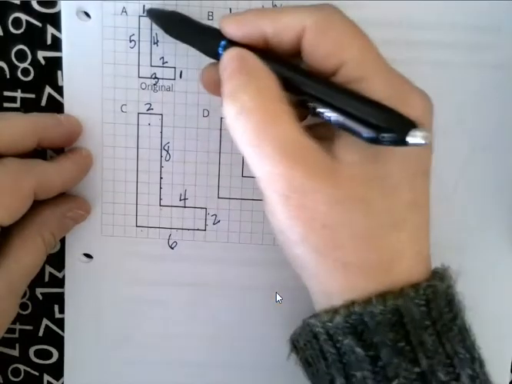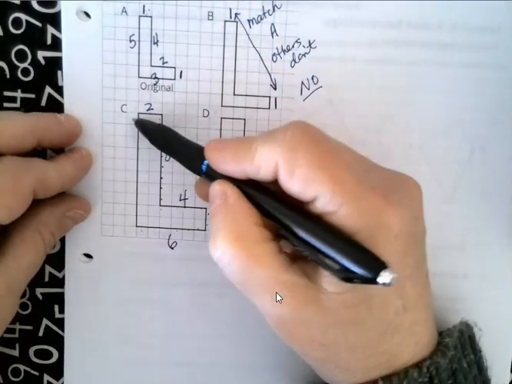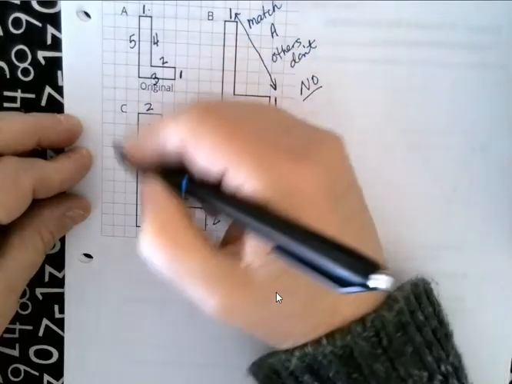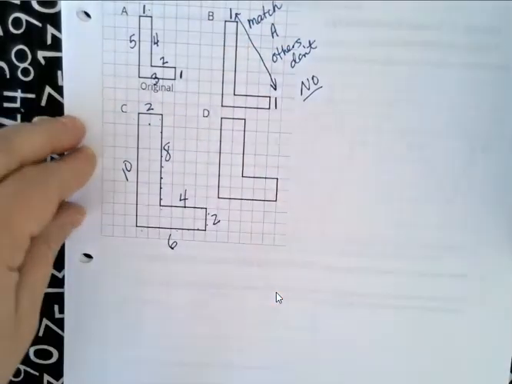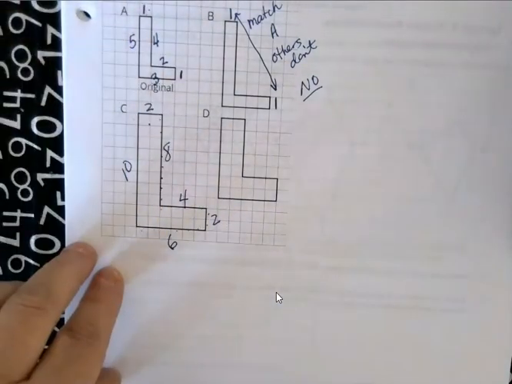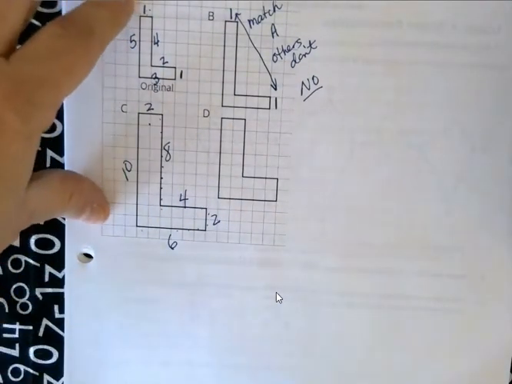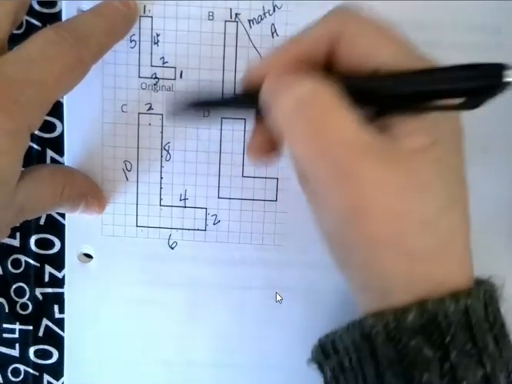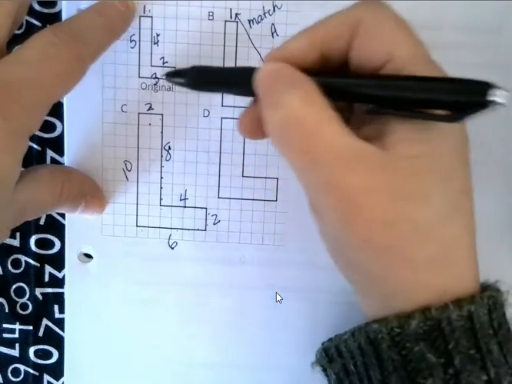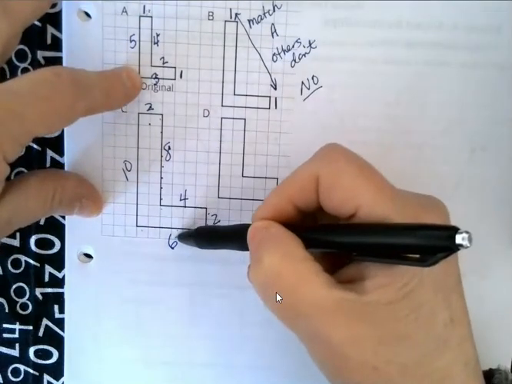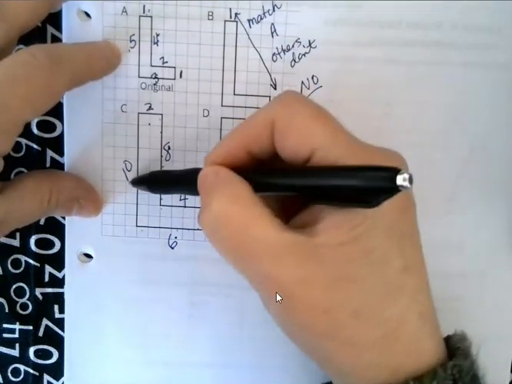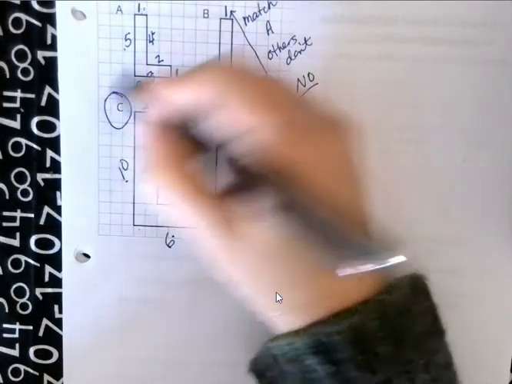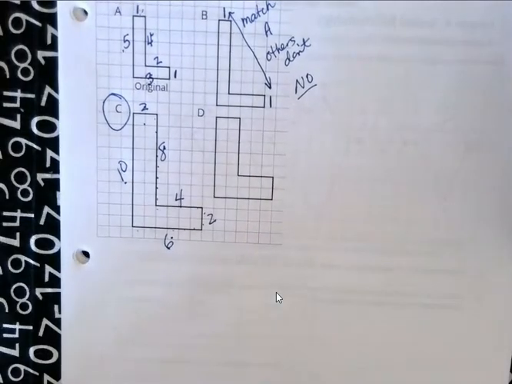So far, we have doubled all of our original. 1, 2, 3, 4, 5, 6, 7, 8, 9, and 10. So if you notice, they are proportional because 1 is to 2, as 4 is to 8, as 3 is to 6, as 5 is to 10. So all numbers have been doubled. So C is a scaled copy.